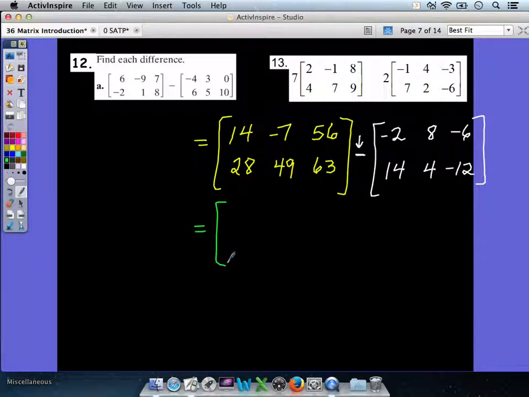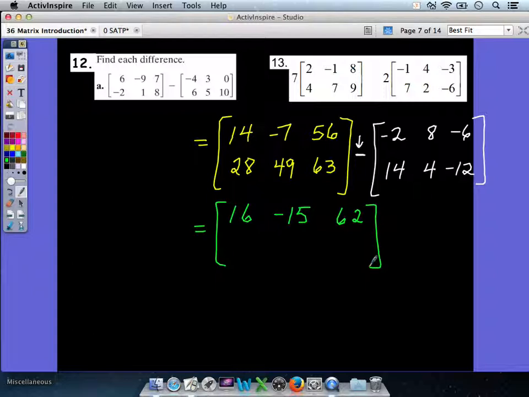Then I subtract and find my final answer with corresponding elements. 14 minus a negative 2, minus a negative is plus a positive, so this is 16. Let's see if I can write that better. Then negative 7 minus 8, negative 7 and negative 8 is negative 15. 56 minus a negative 6, minus a negative is plus a positive, so that's going to be 62.